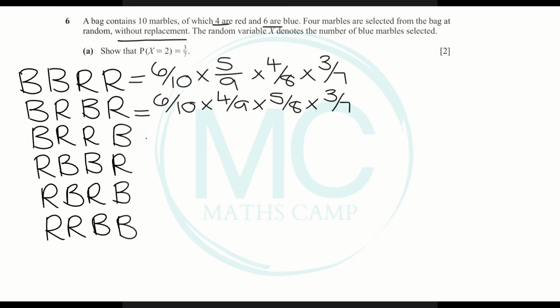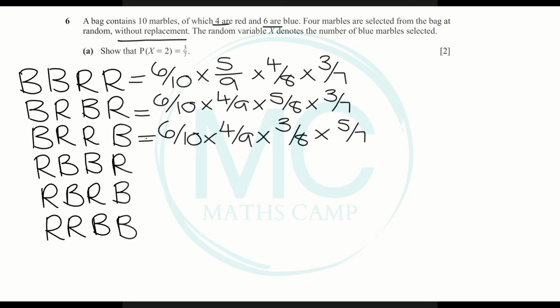Let's look at our third option. A blue marble first, 6 out of 10. And a red marble second, 4 out of 9. And a red marble third, 3 out of 8. And a blue marble fourth, 5 out of 7.